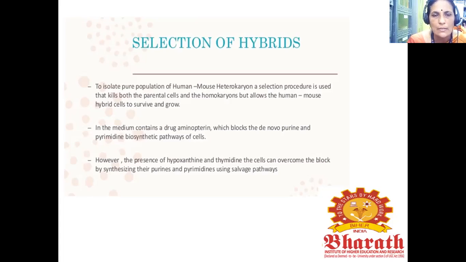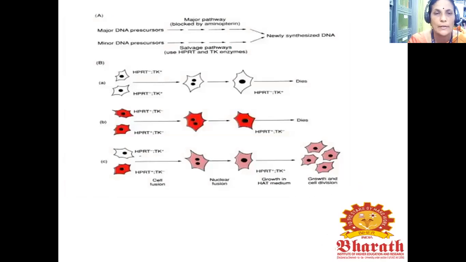However, in the presence of hypoxanthine as well as thymidine, the cells can overcome the block by synthesizing their purines and pyrimidines using salvage pathways.